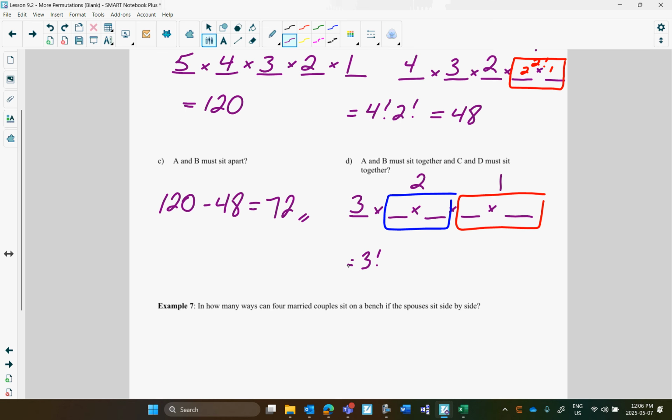Now, within each one, I have to multiply by the number of arrangements I can make within. How many can I make within here? 2 or 2 factorial. How many within here? 2 factorial again. So that's what I have to multiply that by. So it's basically going to be 6 times 2 times 2. And I believe you get 24.